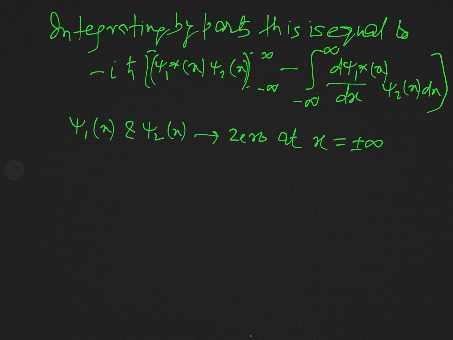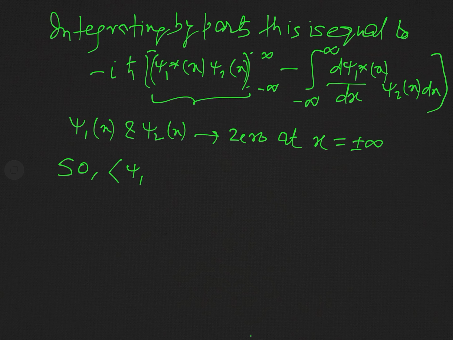And this is due to the fact that the wave functions are square integrable. So in this condition, what will this first term be? This first term will vanish, since at the limit x equal to infinity psi2 of x is 0, and so this will also be 0. So the first term will be 0, and the result left to us will be what?